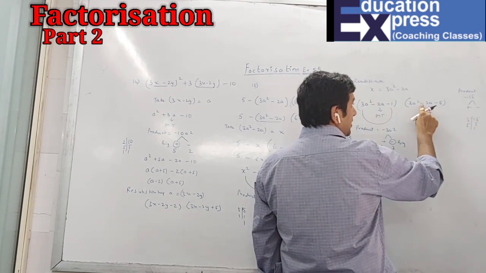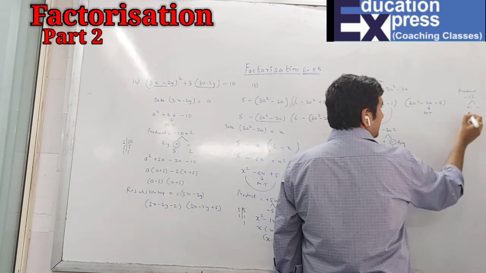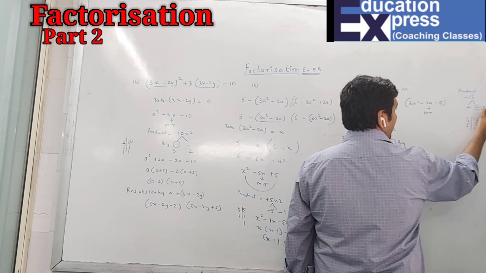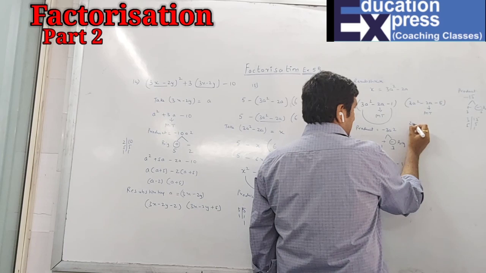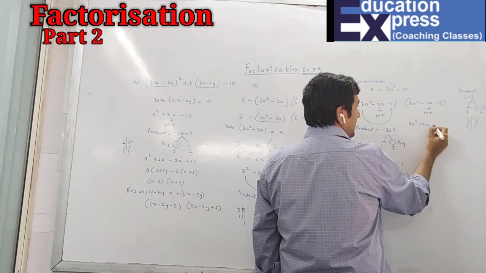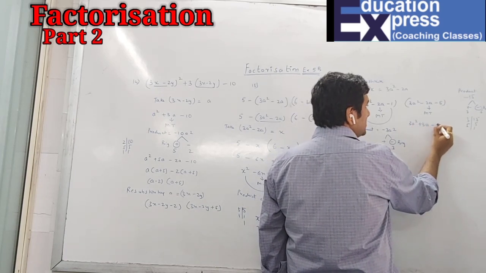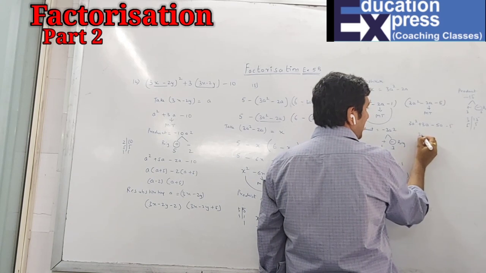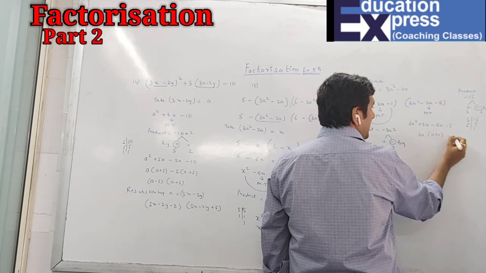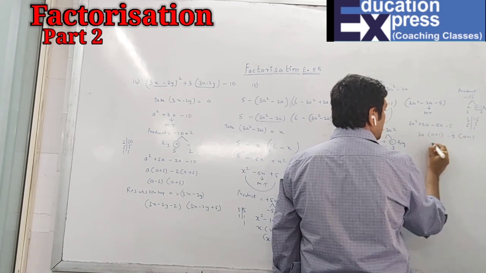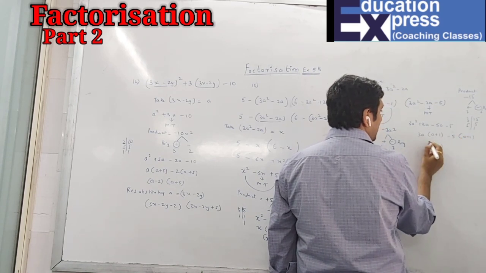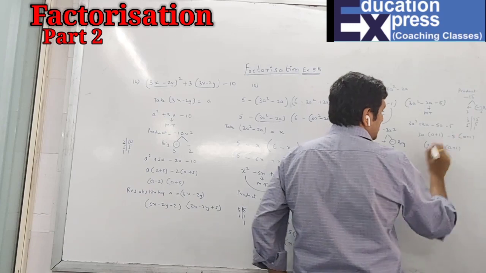So now here the bigger number is negative, that is 5 and this will be 3. So 3a square plus 3 minus 5 minus 5. 3a common, a plus 1, minus 5 common, a plus 1. 3a minus 5 and a plus 1 is your answer.